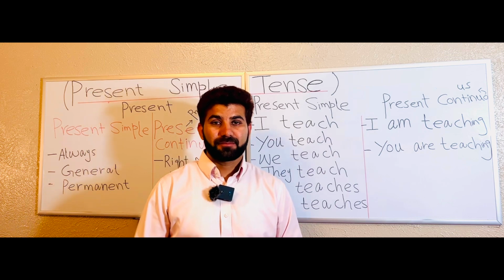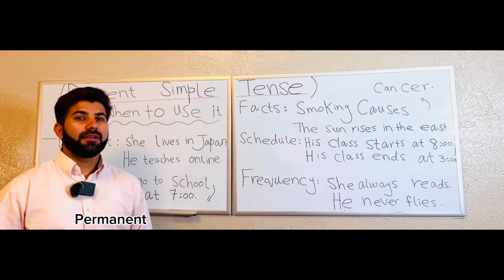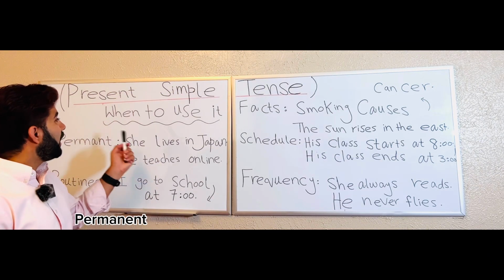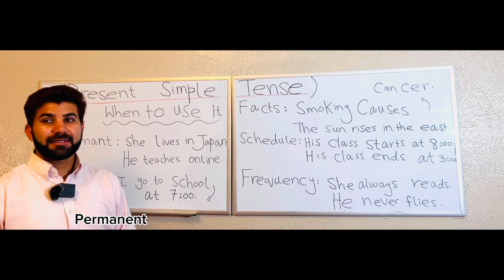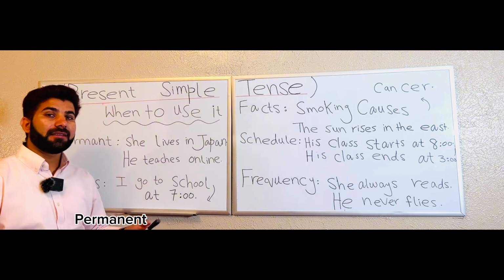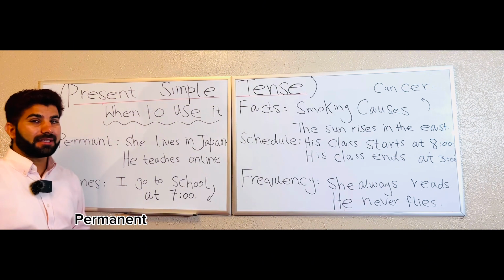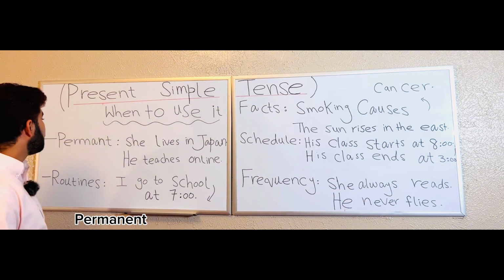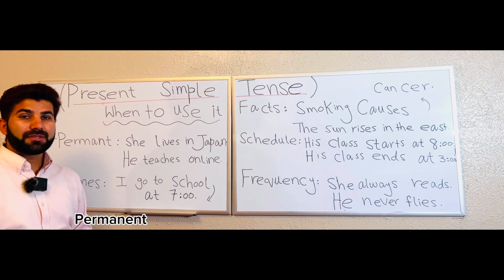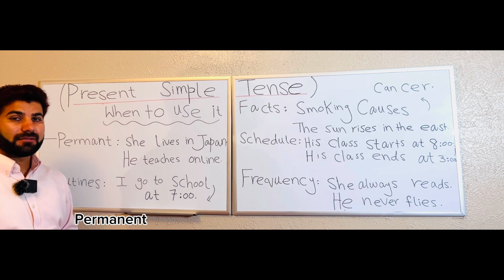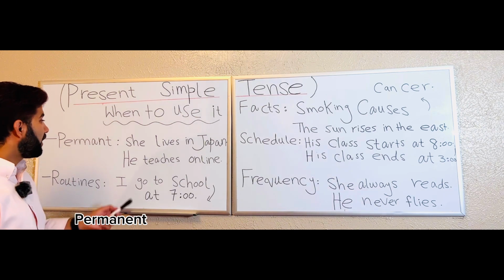Right, so now we will be explaining when to use simple present tense, as we explained a little bit before, but now a little more in detail. Permanent. So how can we use simple present tense for a permanent situation?